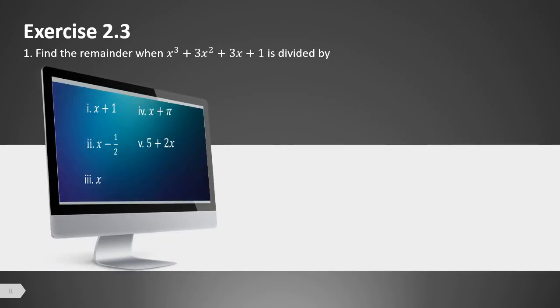Now we proceed to exercise 2.3, question number 1. Find the remainder when x cube plus 3x square plus 3x plus 1 is divided by x plus 1. Here we need to find the zero of the polynomial, so substitute x plus 1 equal to 0, then we get x equal to minus 1.